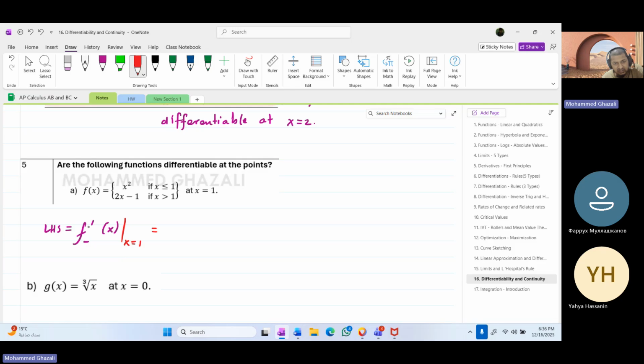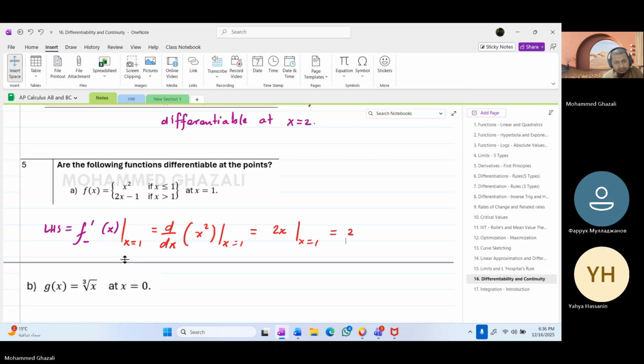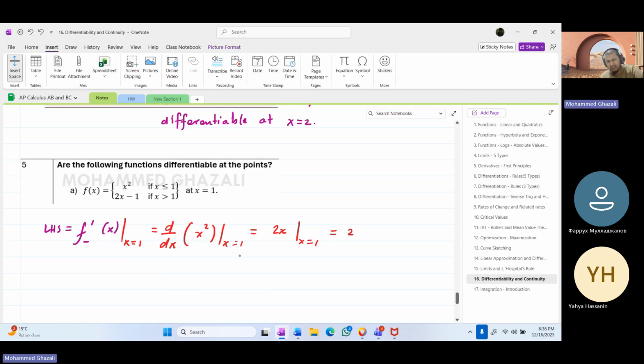Then let's find the derivative, ddx of x squared from the left, when x is equal to 1. The derivative of x squared is 2x. Substitute x is equal to 1, you get 2. What does a vertical line mean? Just a substitution line. That's it. Are we good?